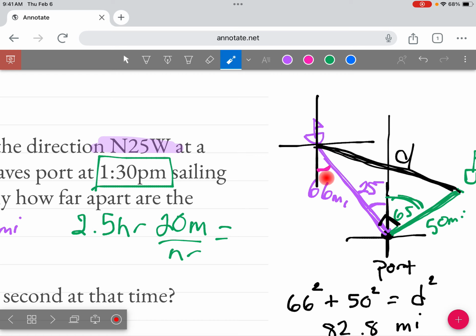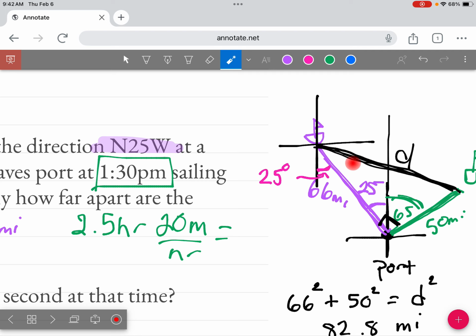I've got a set of parallel lines. 25. It's an alternate interior angle here. Old school geometry property. This one is also 25 degrees, alternate interiors, because the north-south is parallel to the north-south, so those are parallel lines, and they're on the same segment.